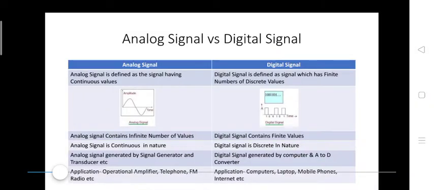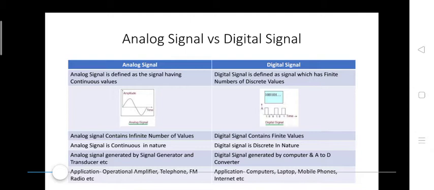Before starting this unit, first we understand what is analog signal and what is digital signal. Analog signal is defined as the signal having continuous values, where digital signal is defined as signal which has finite numbers of discrete values.